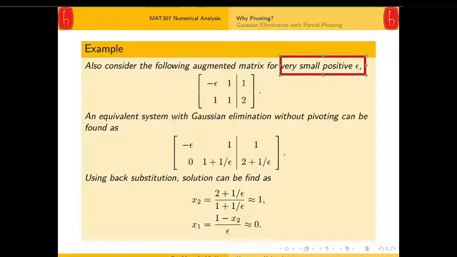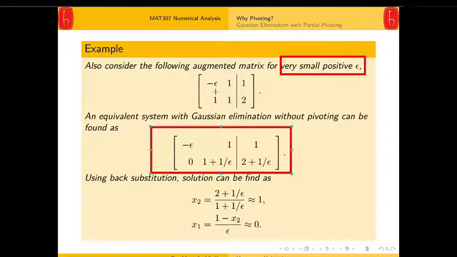An equivalent system with Gaussian elimination without pivoting can be found as this one here. We put this matrix into its echelon form. To do that, we multiply the first row by 1 over epsilon and add the result to the second row.